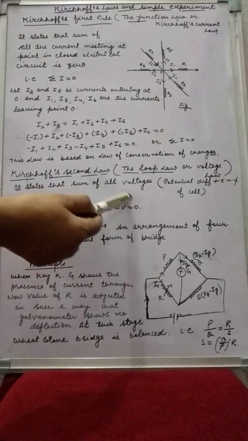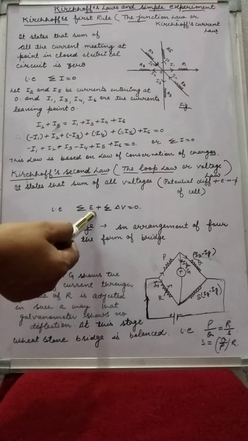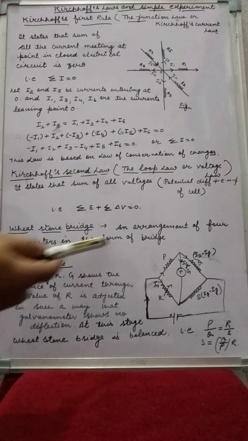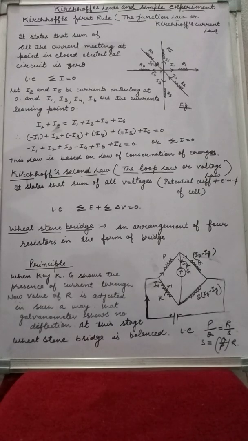The sum of all the voltages, potential differences plus EMF, is equal to 0.